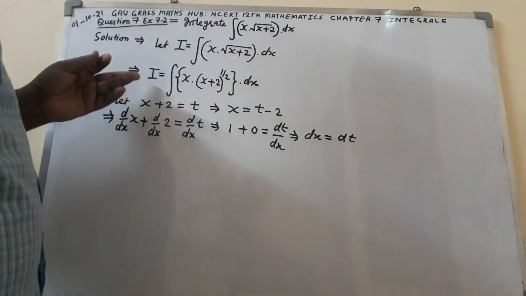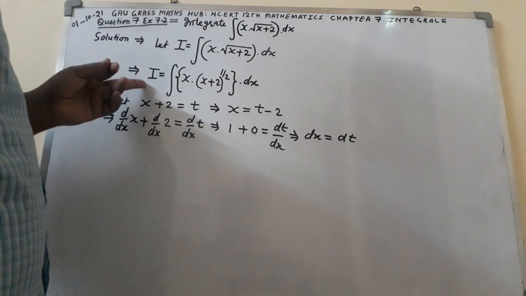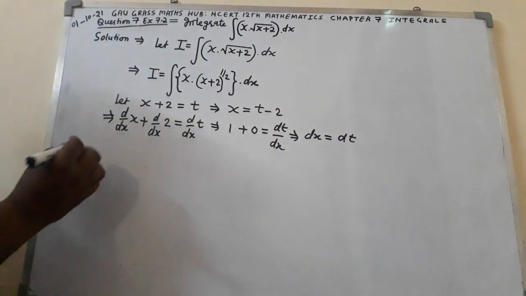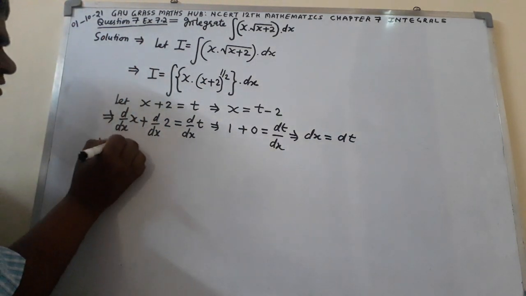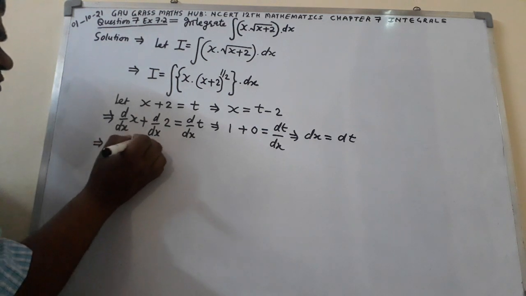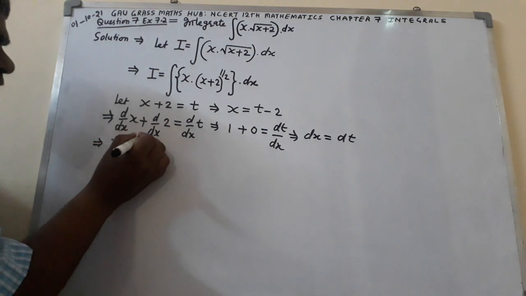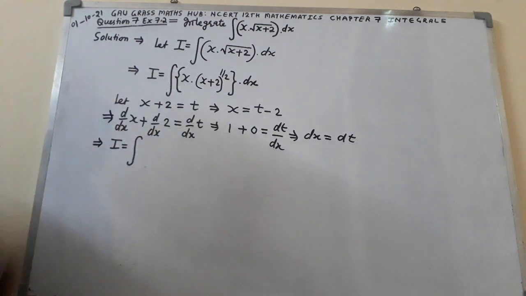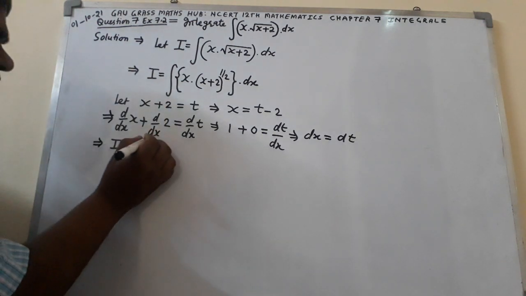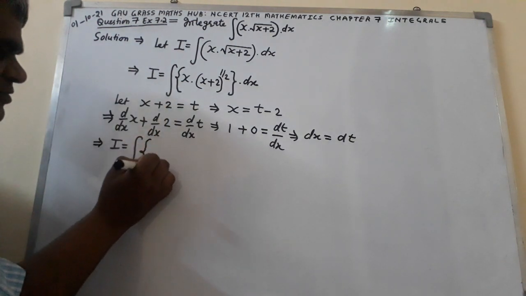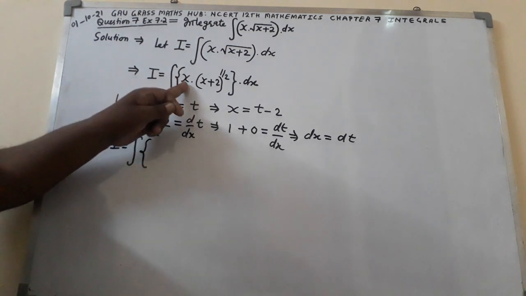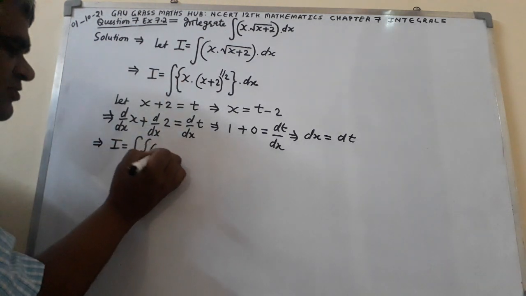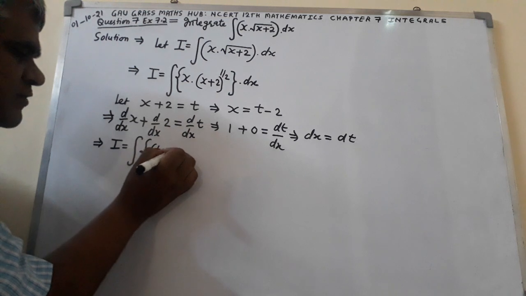Now I will be converted into, implied that capital I equal to integral, in place of x, open curly bracket, I shall write t minus 2.